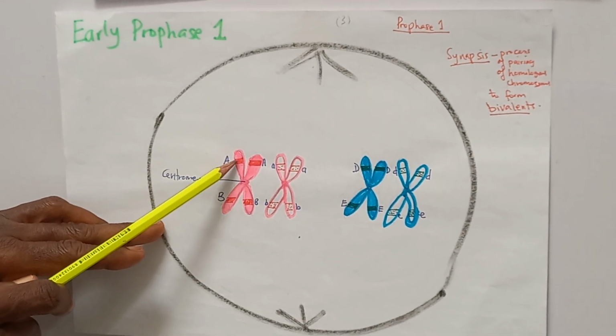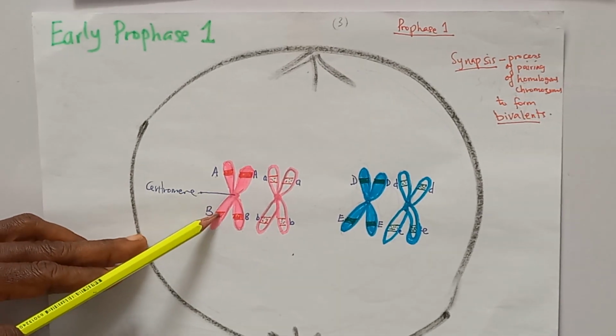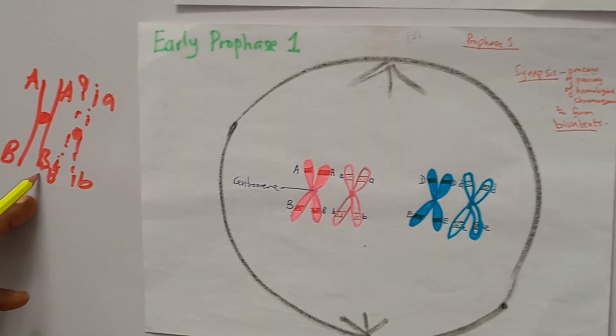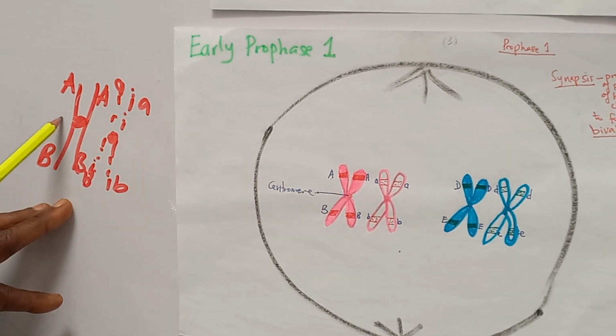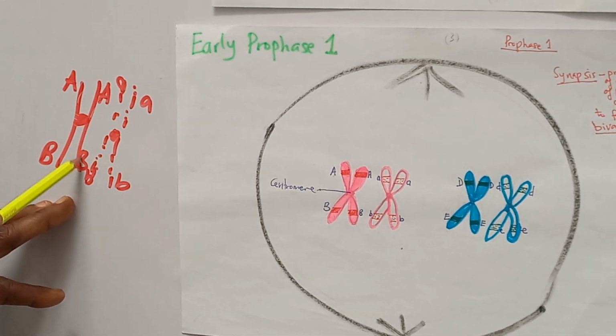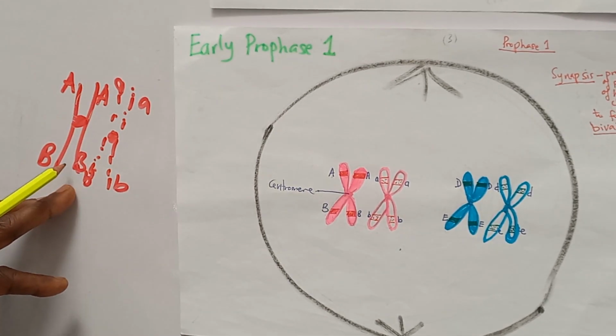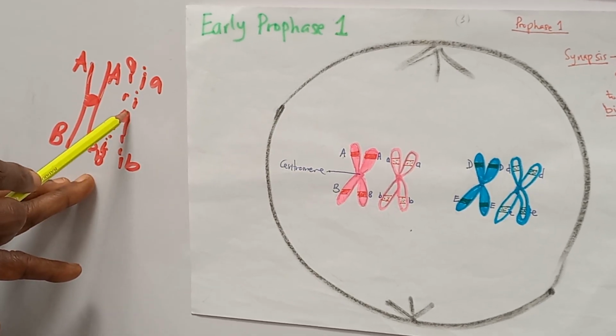It's still the same gene big A, big B, gene big A, big B. So it's simply two sister chromatids. This is one chromatid, this one chromatid, held by a centromere, gene big A, big B, big A, big B, because it's the same one chromosome. This small a, small b, held by a centromere.